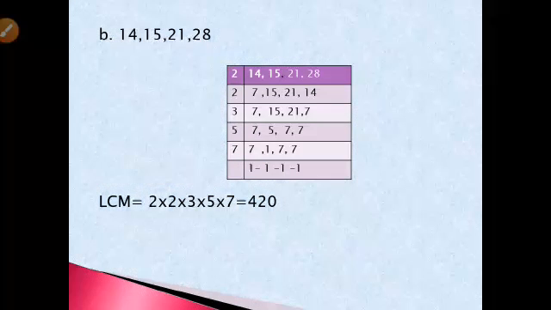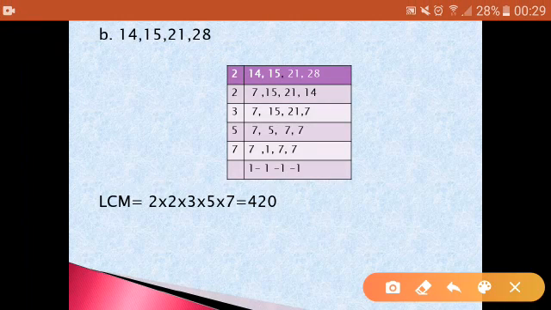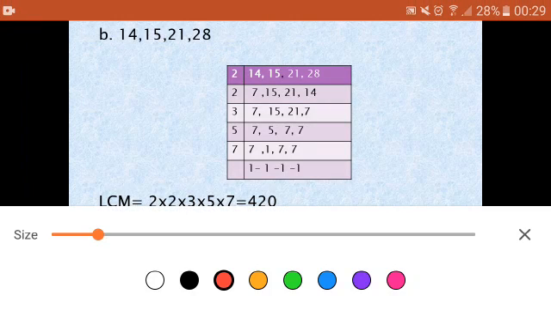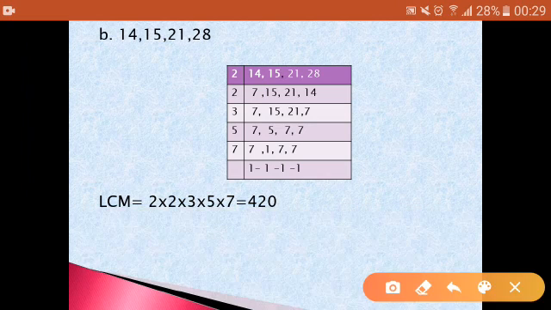B part: 14, 15, 21 and 28. So let's see this. 14 is an even number, and it's divisible by 2. So 2 times 7 is 14, and then 2 times 14 is 28.